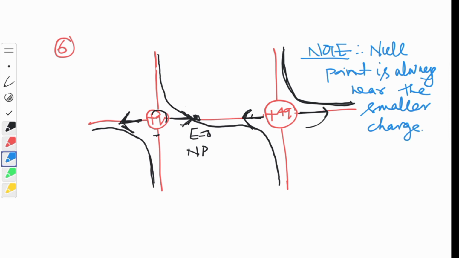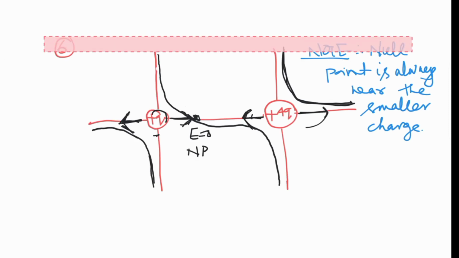Okay. Now we'll discuss our last graph. Suppose I take dissimilar charges. Along with the plus Q that we have discussed, now I will take a negative charge.